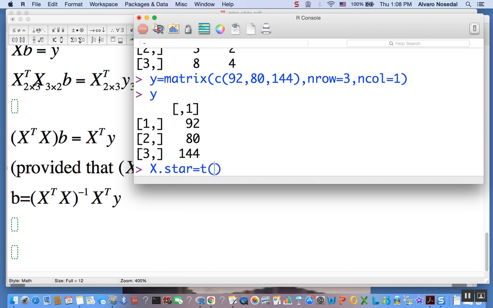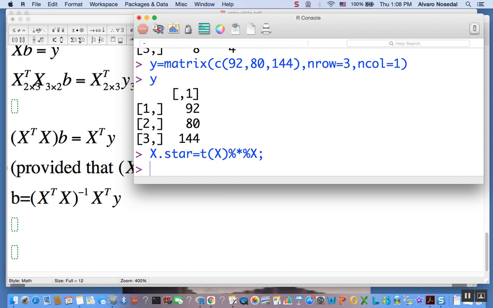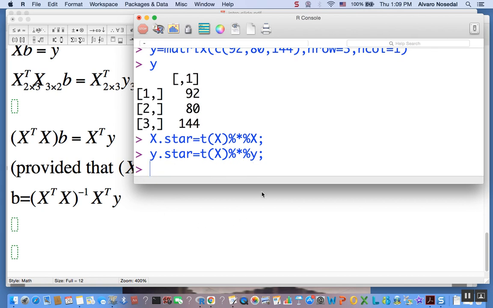which is going to be X transpose times, the matrix multiplication, X. And then let me call y star this product here, X transpose times y. And that semicolon, if you leave that out, it's going to work.